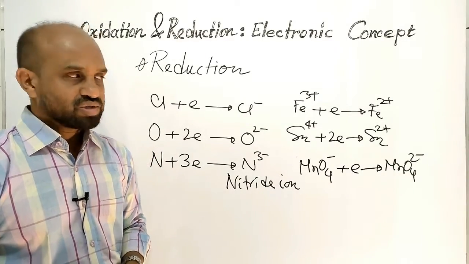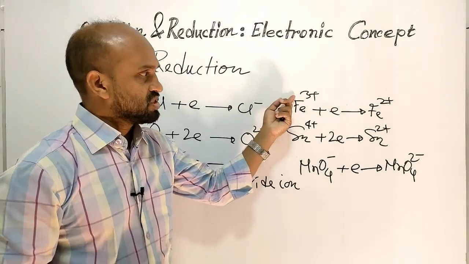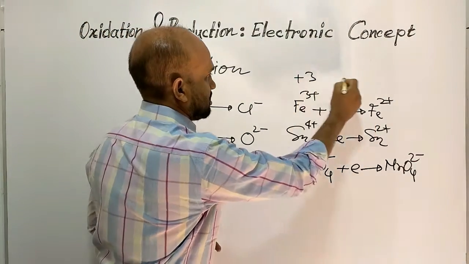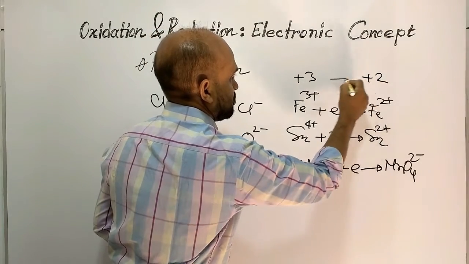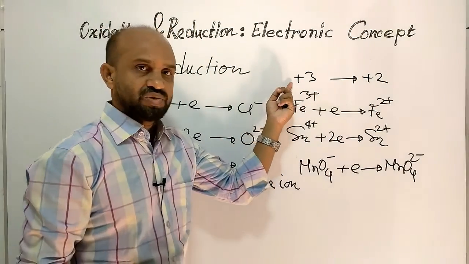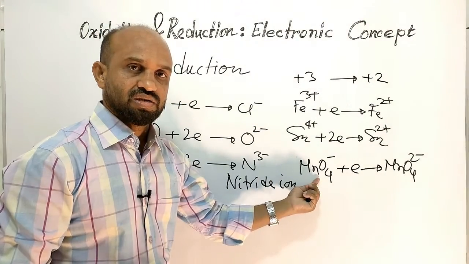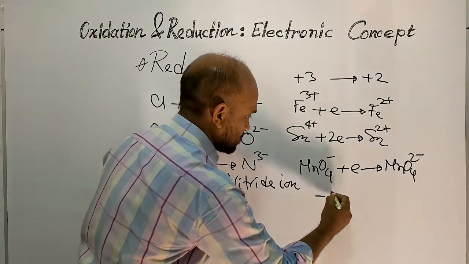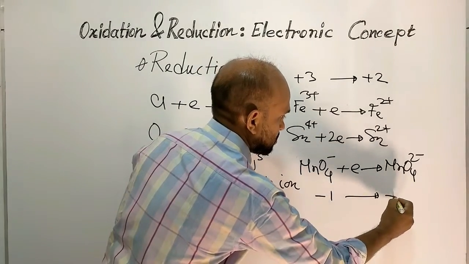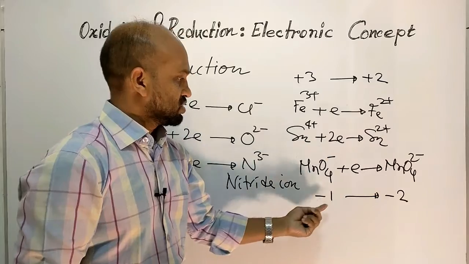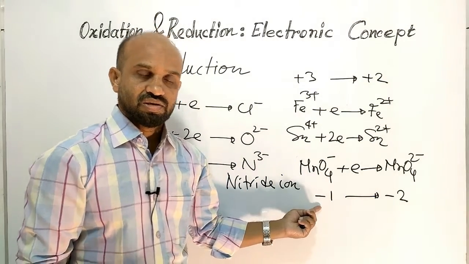In reduction process, positive charge decreases, that means +3 to +2, and negative charge increases, -1 to -2.